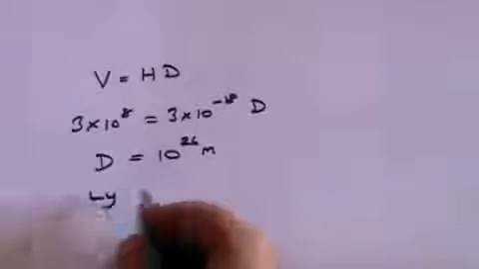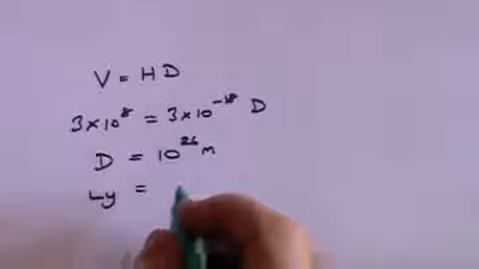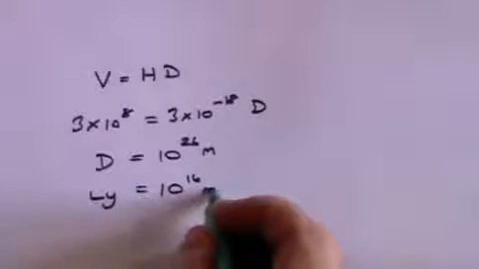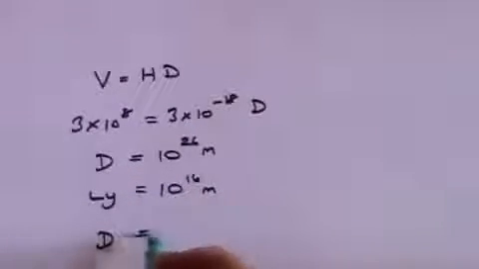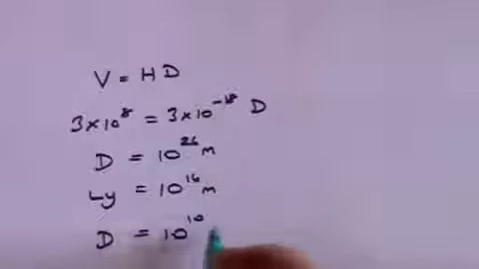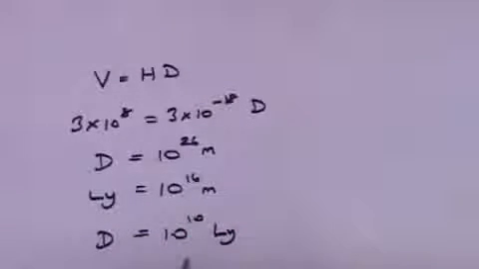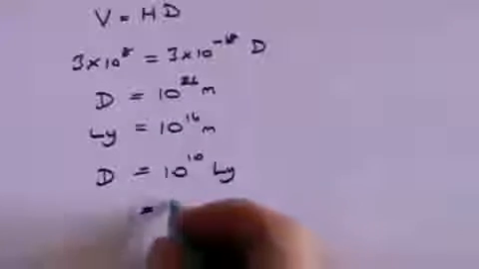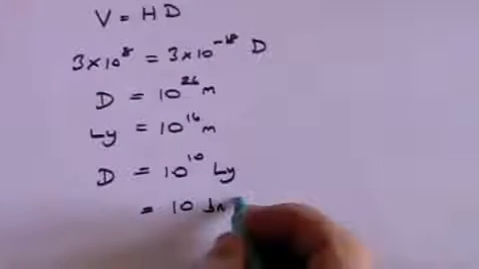We know that a light year is 10 to the 16 metres. So this distance is 10 to the 10 light years, which is 10 billion light years.